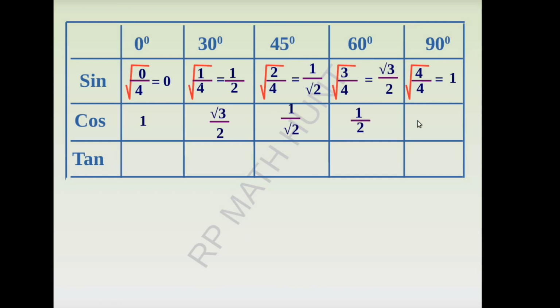That's it. We know tan is nothing but sine by cos. Tan 0 is equal to sine 0 by cos 0, that is 0 by 1, which is 0. Next, 1 by 2 by root 3 by 2, the 2 gets cancelled, 1 by root 3. And again, everything will get cancelled, only 1 will be its answer. Again, 2 will get cancelled, root 3. 1 by 0 is infinity, undefined.